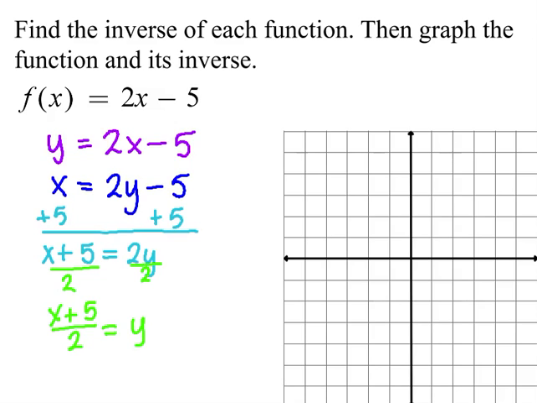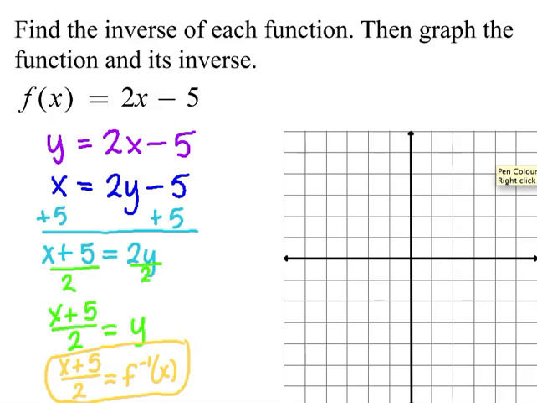Instead of writing it as y, I'm going to change that y to the proper terminology. All I did is replace y with f inverse of x, and that'll be the same on every step. So now it wants you to graph.